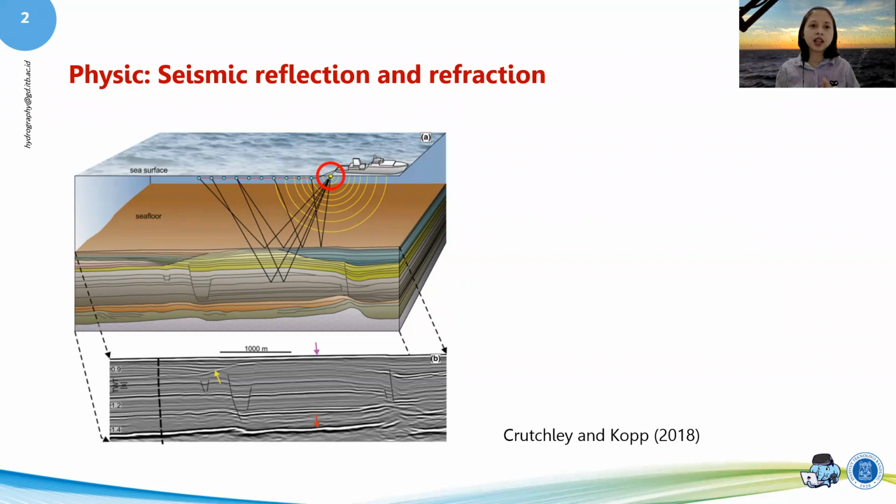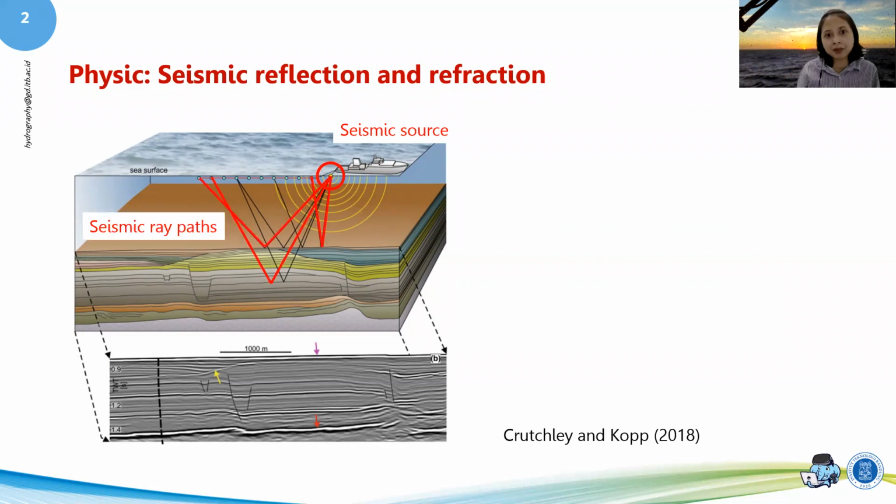So again, we've got the vessel, and the first thing we need on a seismic survey is a seismic source, which, if we have a multi-beam, is a transducer or something like that. So that's where the sound is from. And then the seismic source will send down seismic ray paths.